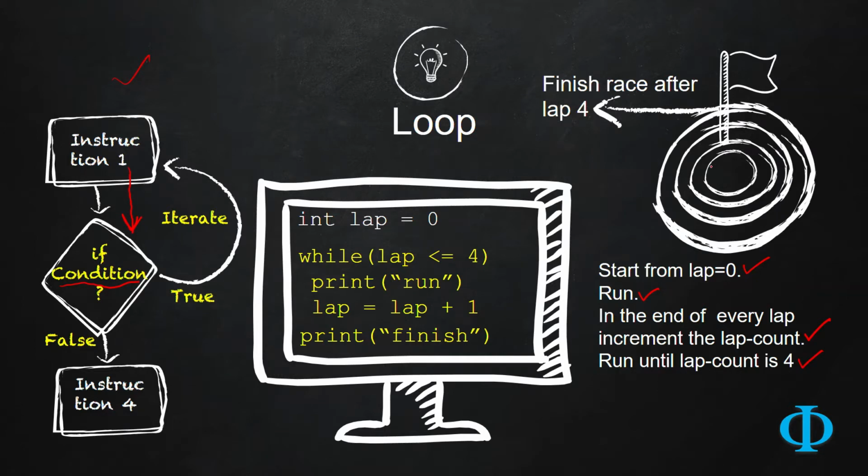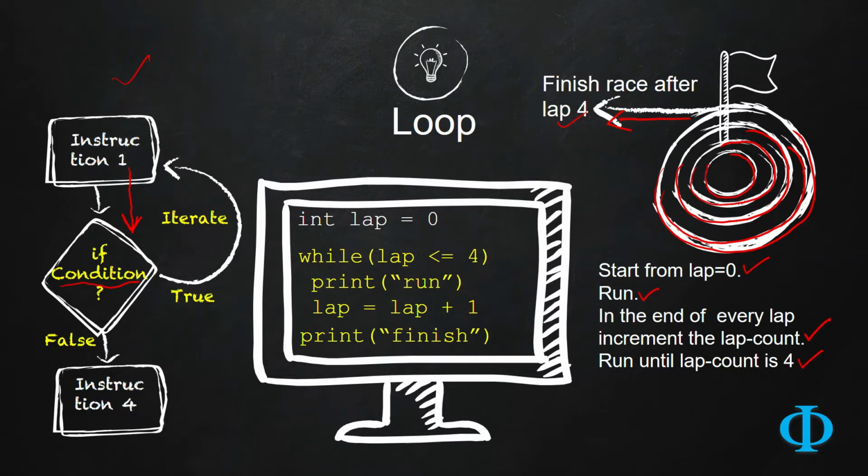So this is the 0th lap, then the 1st lap, then the lap count equals 2, 3, and finally after the 4th lap, it just breaks. After the 4th lap, it is simply breaking the loop and coming out. So this is the simple example for visualization of loop.